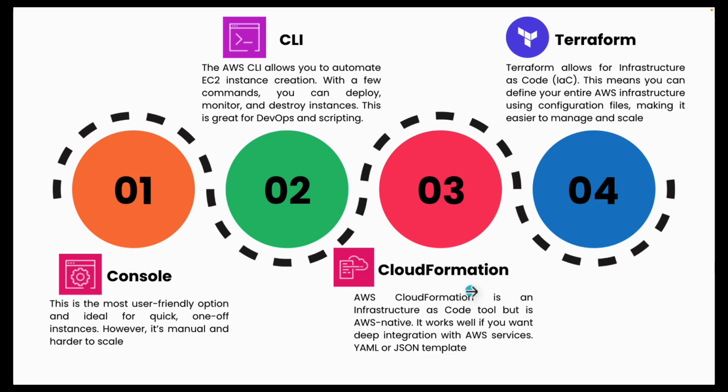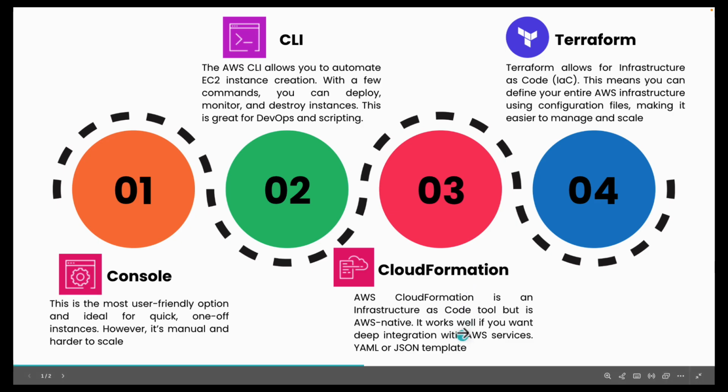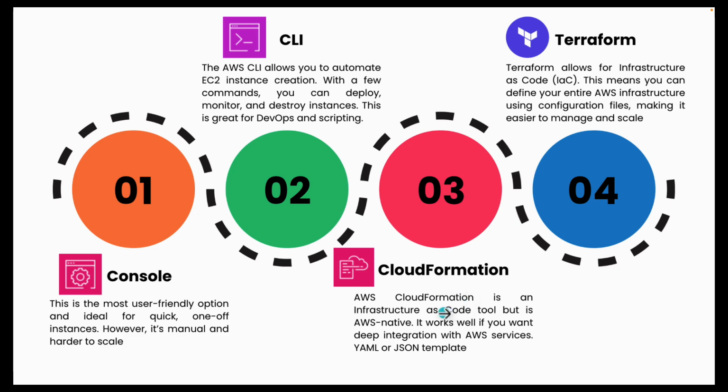CloudFormation is infrastructure as code, and this is native to AWS, just like some other cloud providers have theirs, like Azure and GCP. What does infrastructure as code mean? Imagine the way you deploy the EC2 instance or your resources with the console.